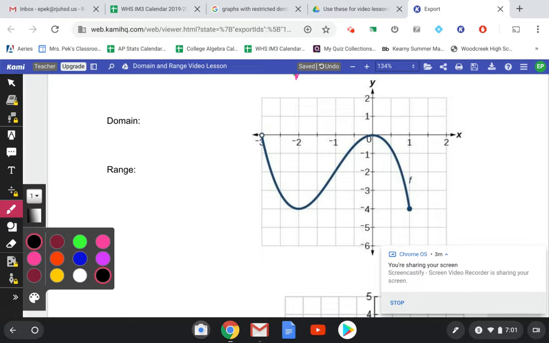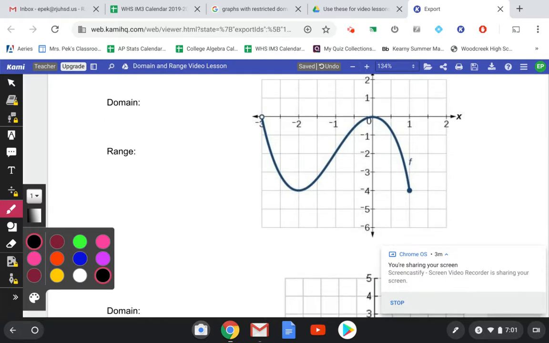we have a different function, and this one doesn't have arrows at the ends. So if we look at the domain, the farthest left that this function is ever going to go is when x is negative 3. The farthest right that the function is going to go is when x is 1. And all the points in between those are included.